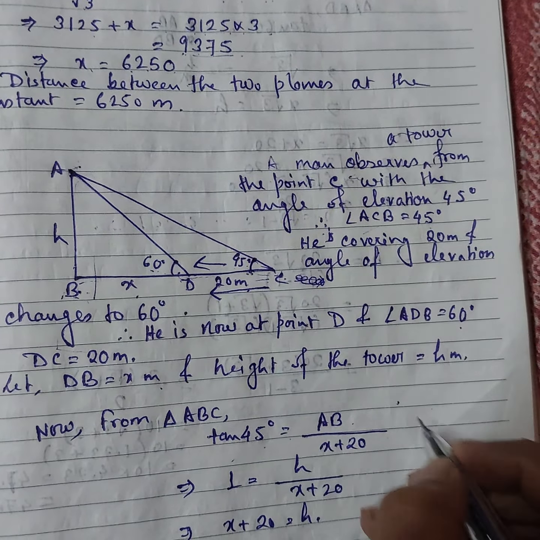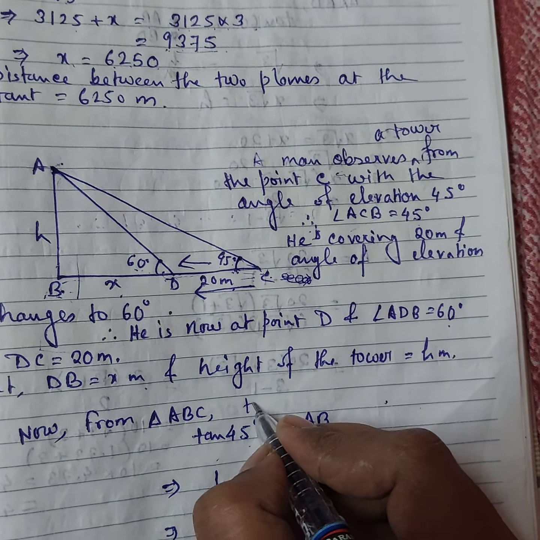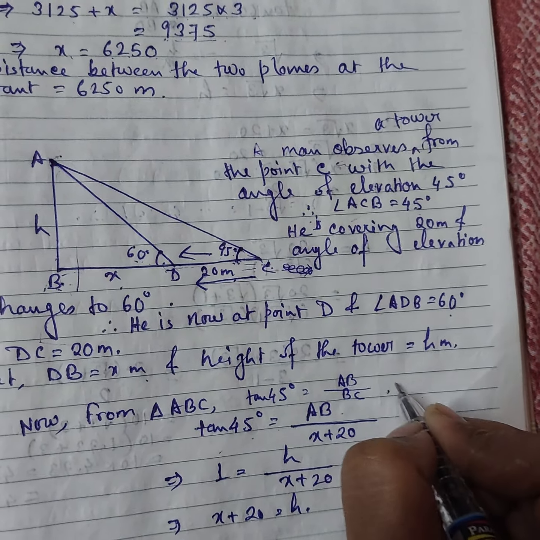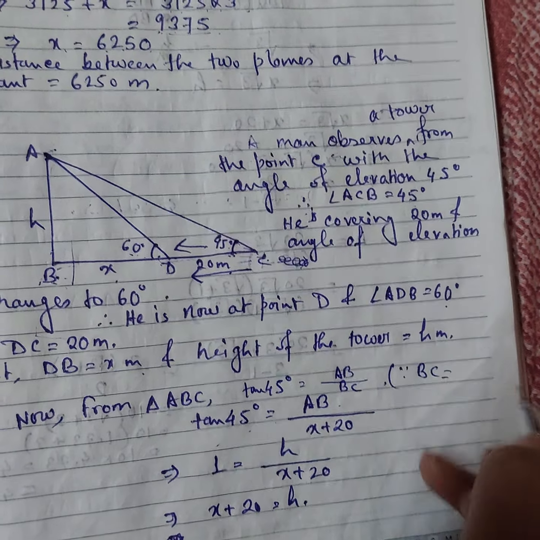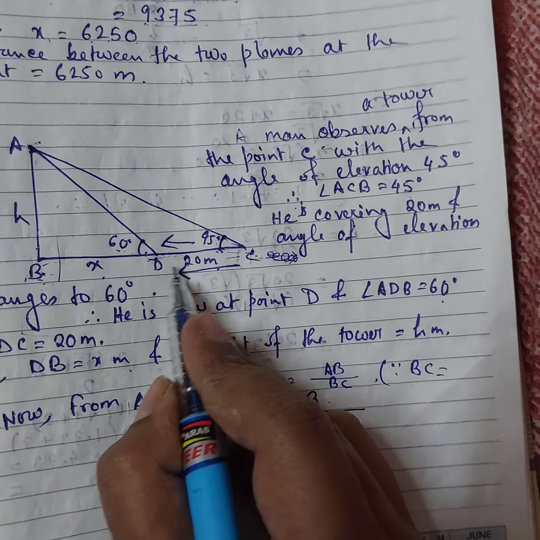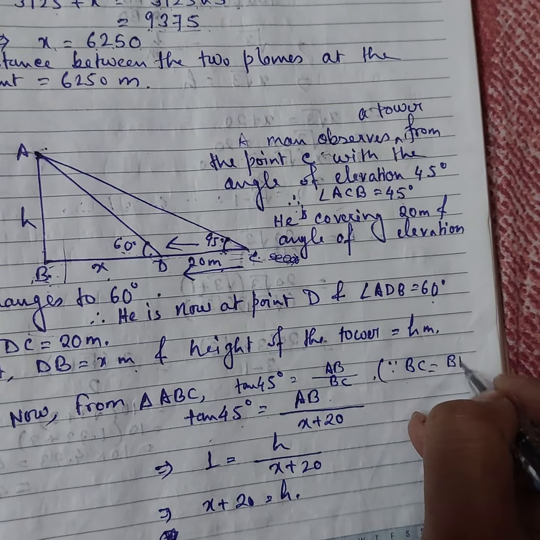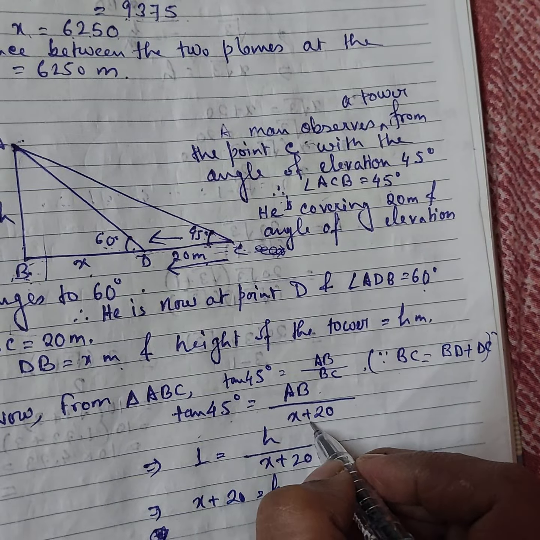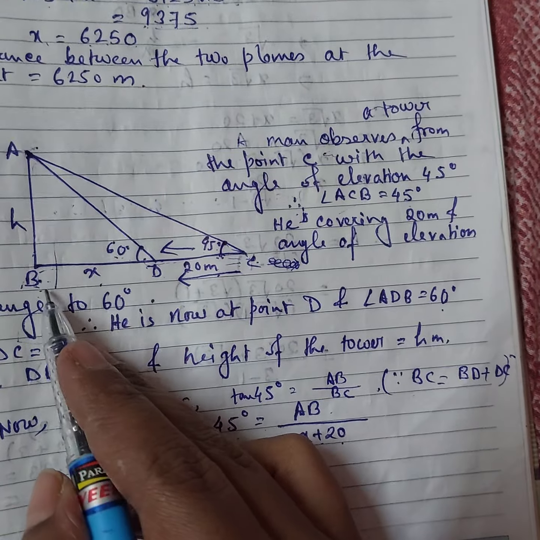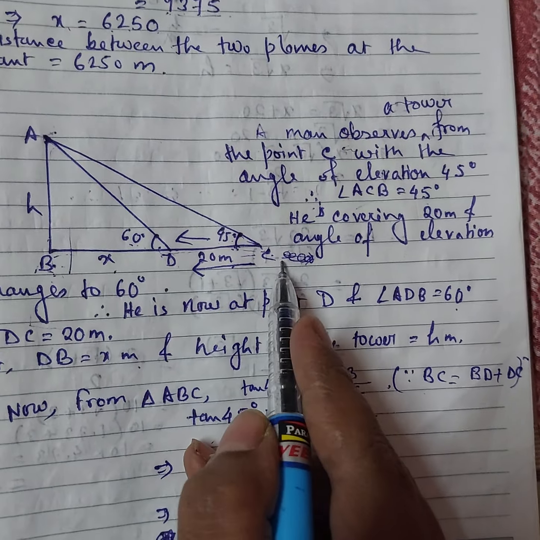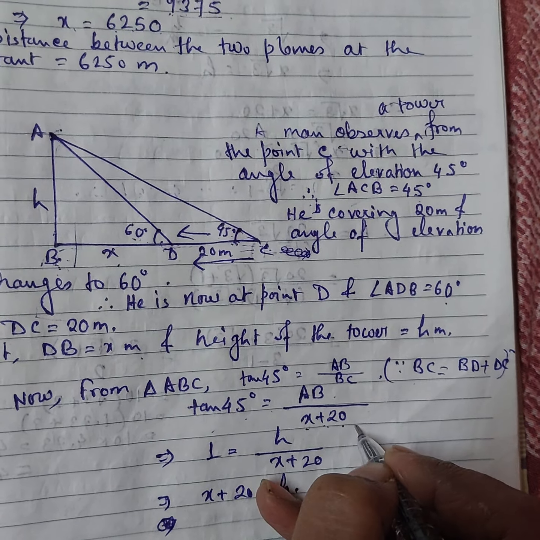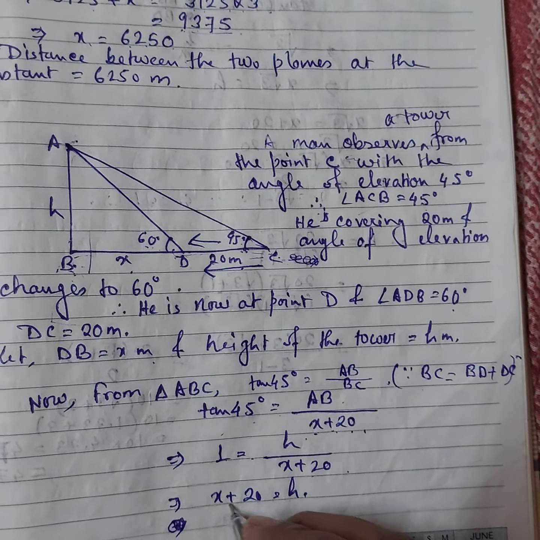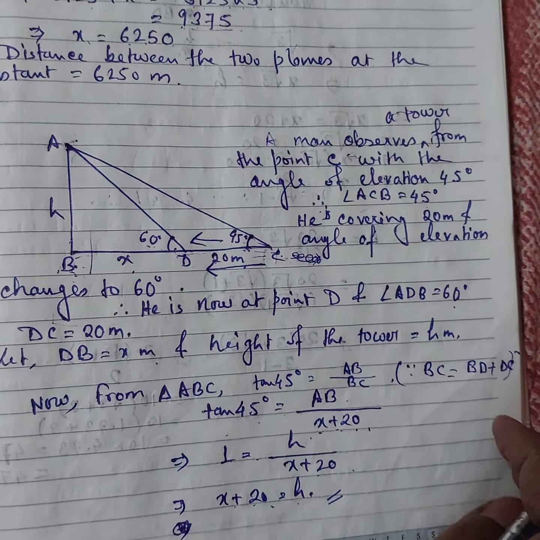Now BC is the sum of BD and DC, so it will be x plus 20, since BD is x and DC is 20. Putting in the values, 1 is equal to h by x plus 20. So x plus 20 is equal to h. This is one value of h.